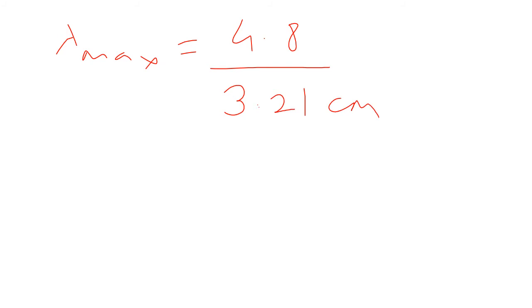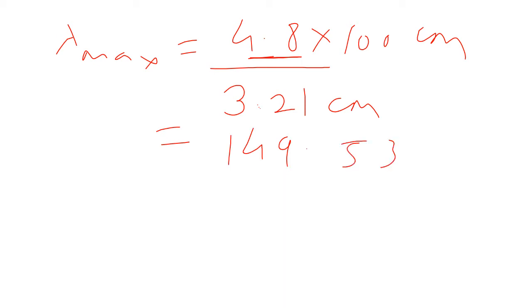So lambda max will be equal to 4.8 meter over r minimum, that is 3.21 centimeter or 32.1 millimeter. This is in centimeter, this is in meter, so make it in centimeter. Now both the units are the same, so you will get lambda max equal to 149.53.